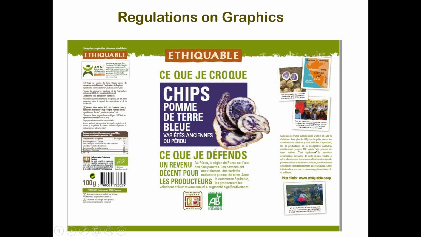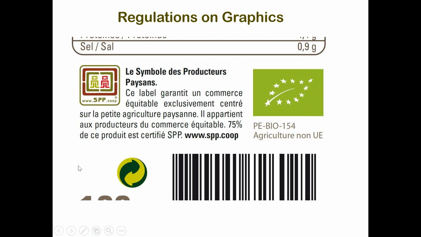They explain the origin of the product, the ingredients, and in this part they explain what the Smart Producer symbol is. You can see how they explain what the SPP is, and they specify that 75% of this product is SPP certified.